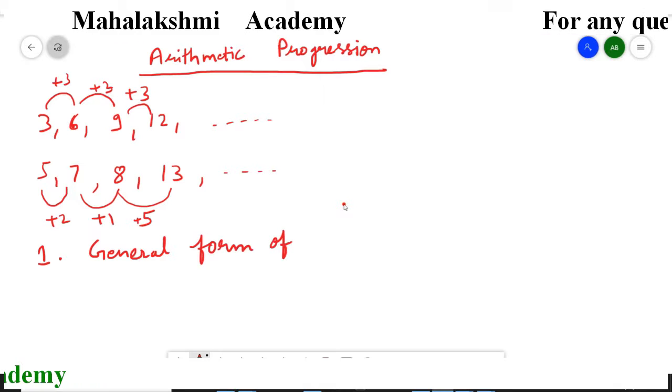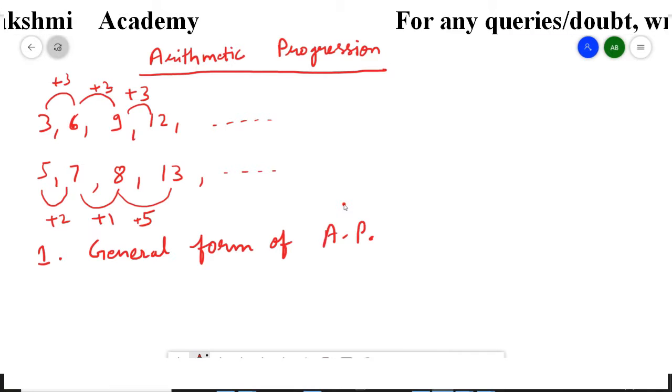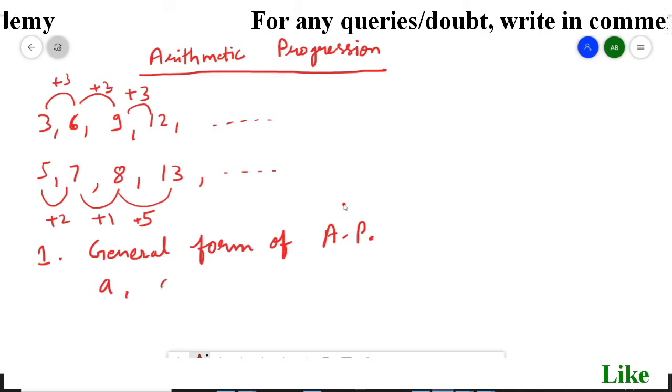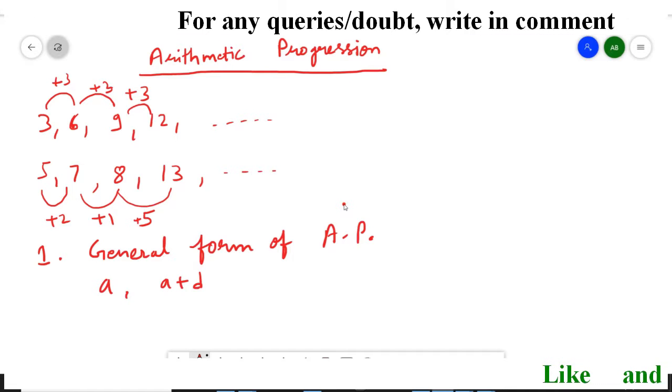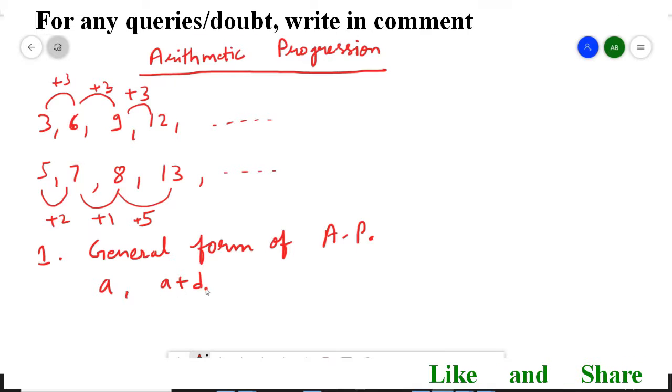The general form of arithmetic progression, short form AP, is a, and the next term is going to be a plus d. Here a means the first term and the next term is a plus d.